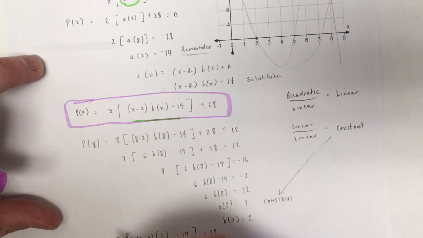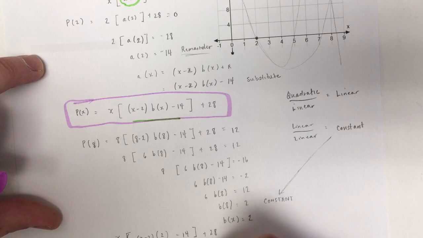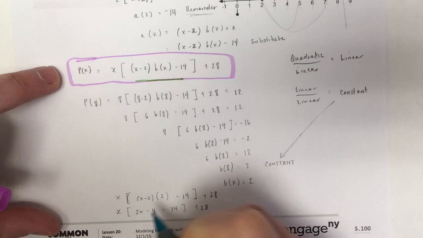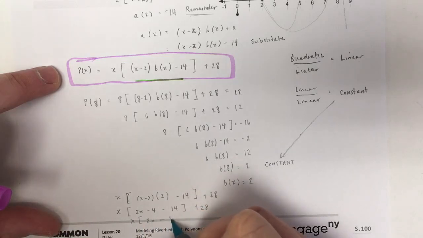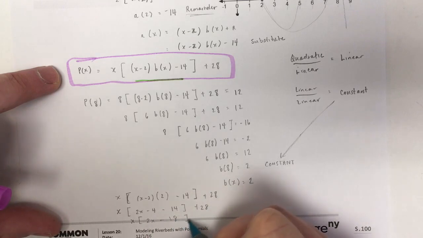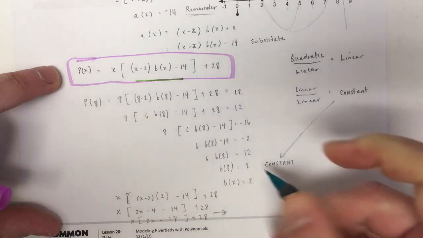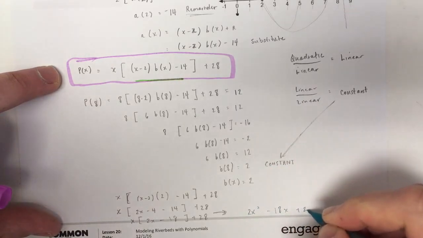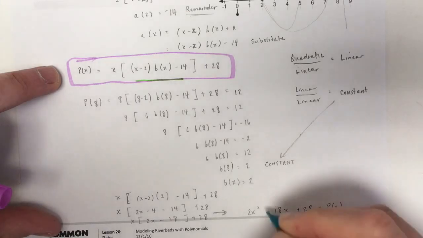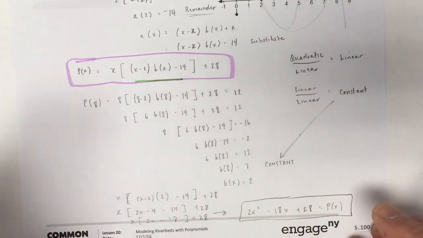And if I simplify, so now I have 2x minus 4 minus 14 plus 28. Keep simplifying, x on the outside, 2x minus 18 plus 28. Ran out of room. 2x squared minus 18x plus 28. This is my polynomial function. So that is my answer.